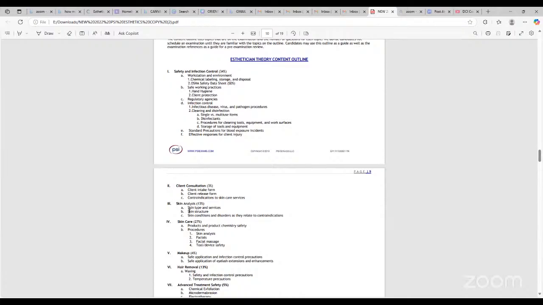And also skin type. Skin type is going to reference the Fitzpatrick scale. It's also going to reference the 4 basic skin types: oily skin, dry skin, normal skin, and combination skin. Those are some key areas that we should be looking at.